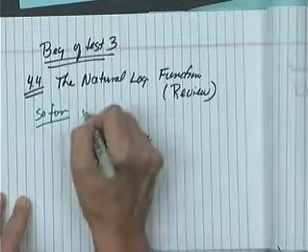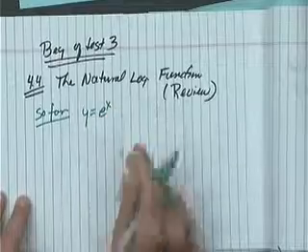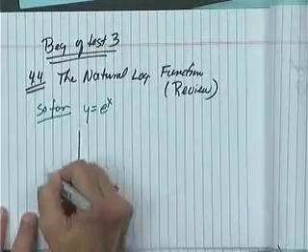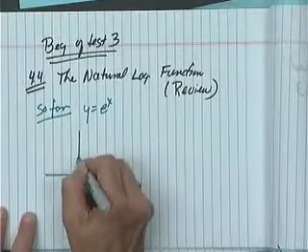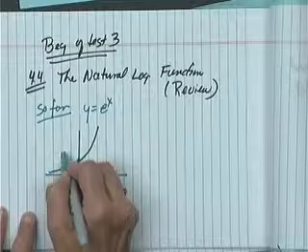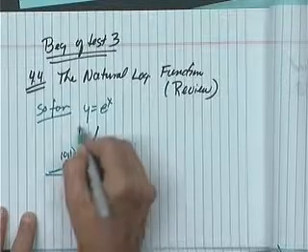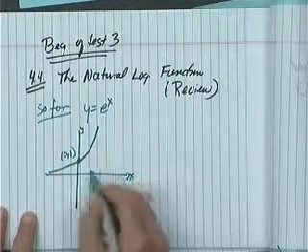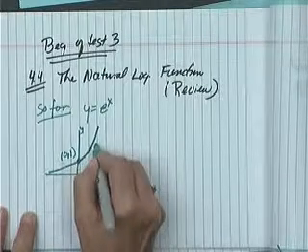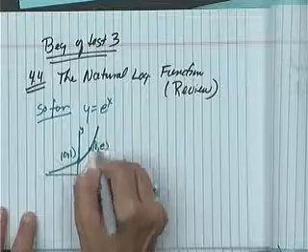So far, you know all about y equals e to the x, the natural exponential function. And everybody knows it looks like this. You have the point 0, 1. When x is equal to 1, the y value is e.